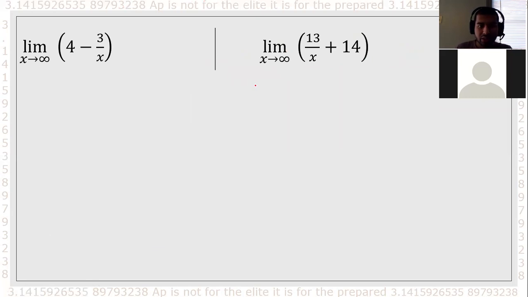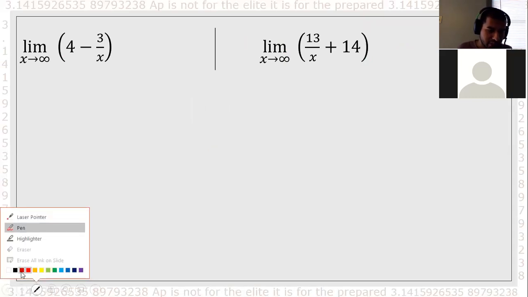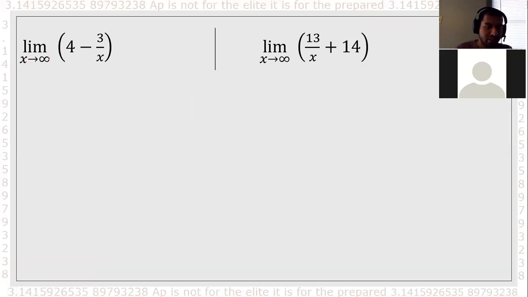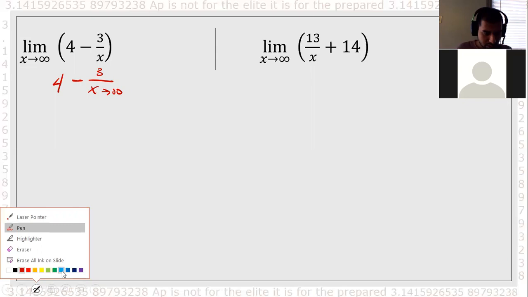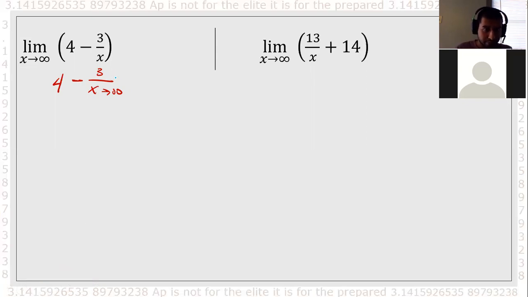Alrighty, so let's go ahead and try this. I got this example right here, and we're doing the same thing as x approaches infinity. So here, 4 stays the same, right? Because nothing was affected to my 4, minus my 3 as x goes to infinity. So what can we say about this fraction right here?